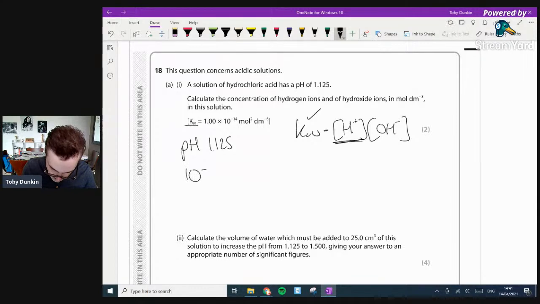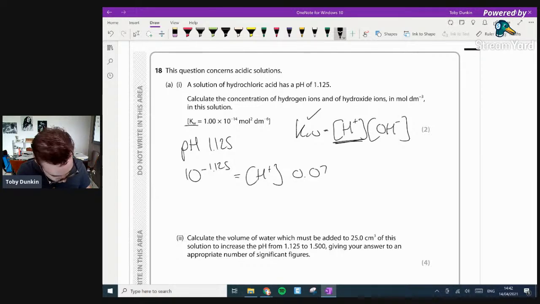So 10 to the minus the pH will give me the H+ concentration. Calculator on, shift, log, minus 1.125, go. I get a concentration of 0.0749, but it rounds up to 0.0750 moles per dm cubed H+.